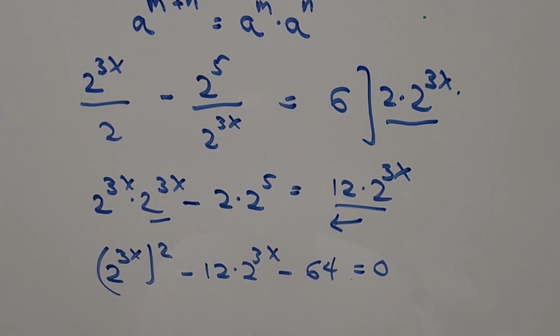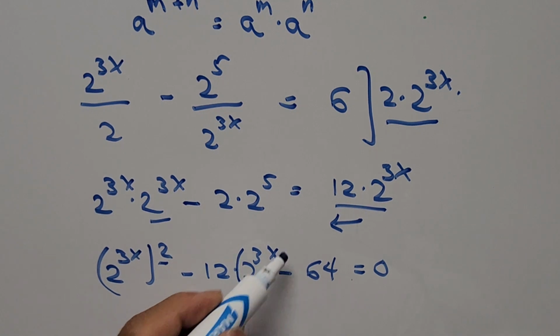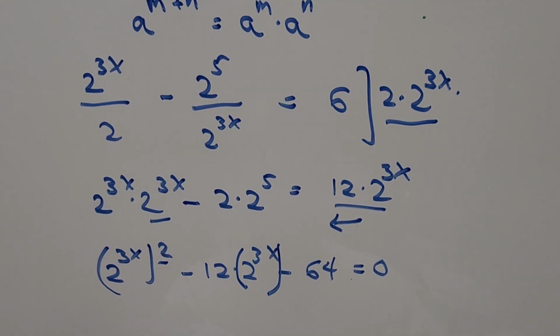So now, if you notice, our equation turned into a quadratic equation, because of the exponent 2 and the base is 2 to the power of 3x. Likewise, on the second term, if we put parentheses there, it becomes clear that 2 to the 3x can be substituted by a variable.